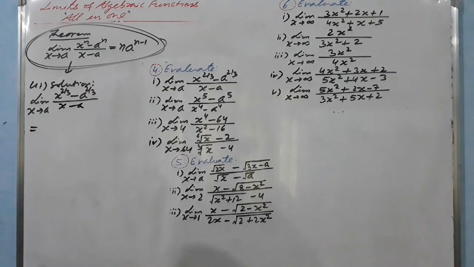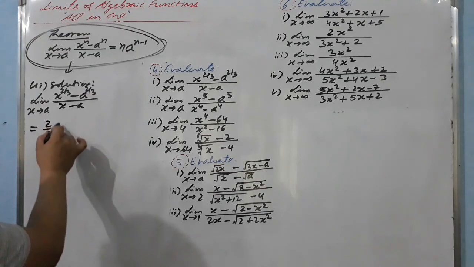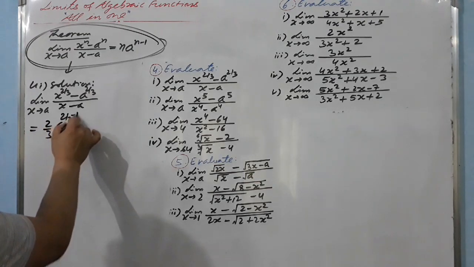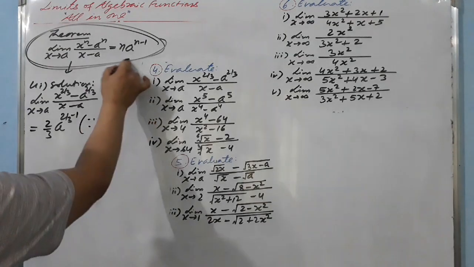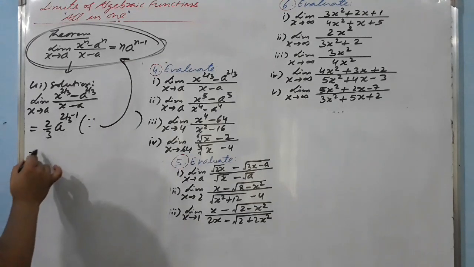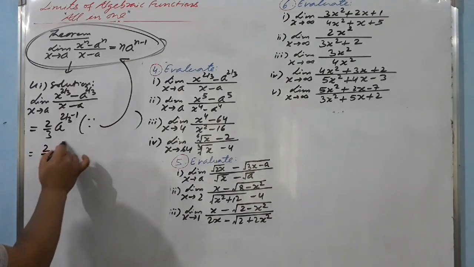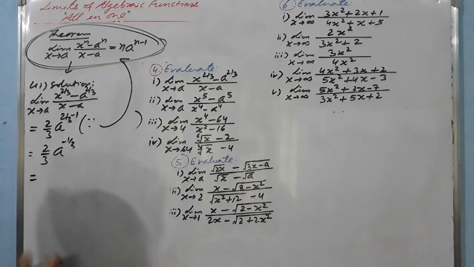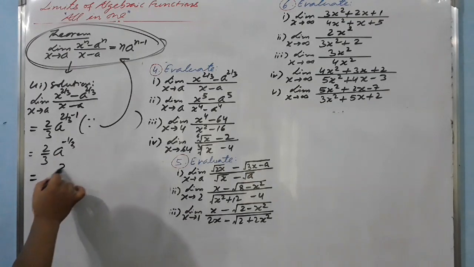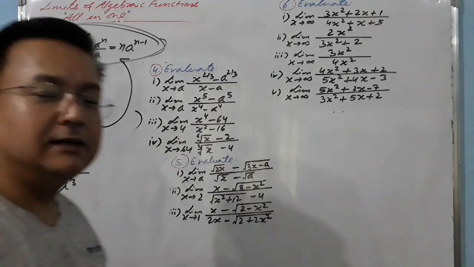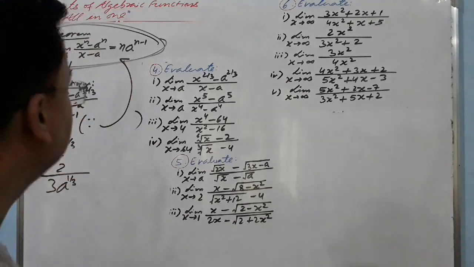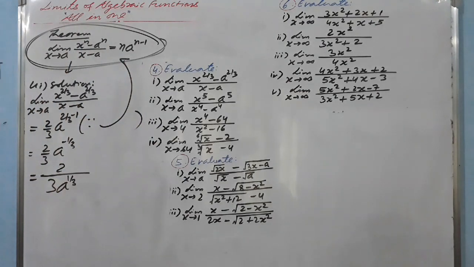Directly you may write down 2 upon 3 a raised to power 2 upon 3 minus 1, since you may use this theorem. Here it is 2 upon 3 a raised to power minus 1 upon 3. We always try to give a positive power, so you may write 2 over 3 a raised to power 1 by 3. So simple, I don't think you have a problem now. This one is clear.